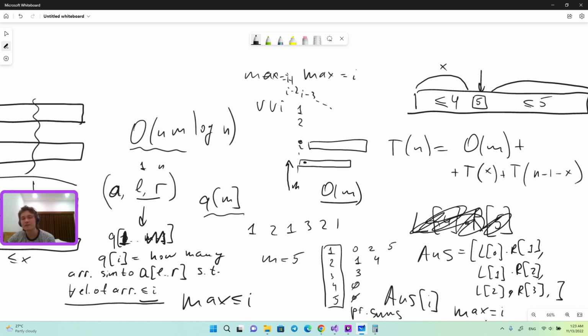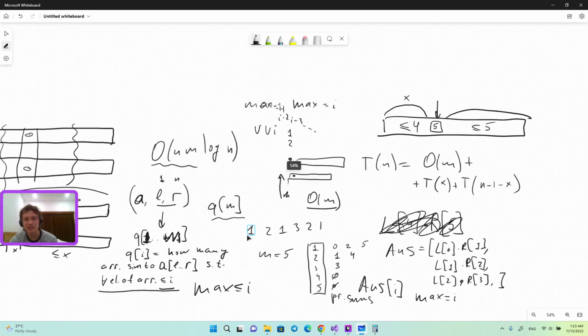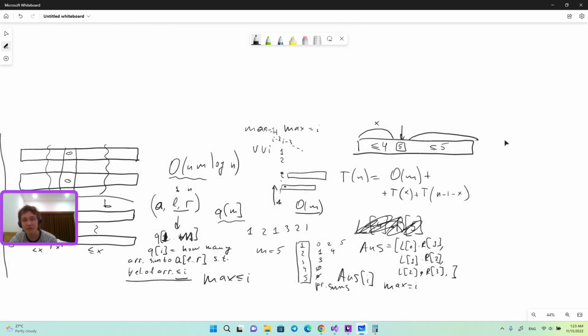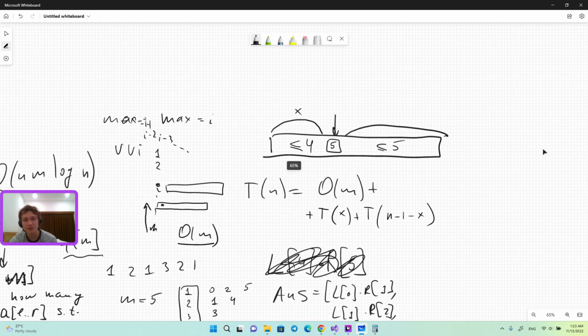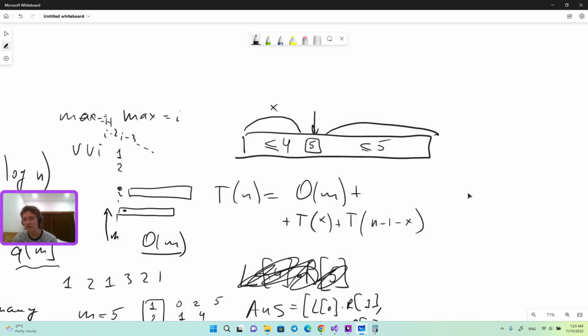So this is the answer. Okay, the only problem is finding this auxiliary array, because if there weren't such a problem, then it would be O(Mn) easily. This is known as the master theorem, some advancement of the master theorem.